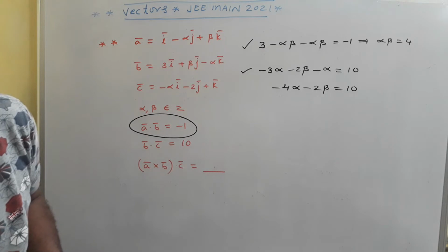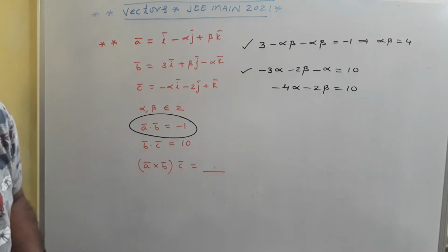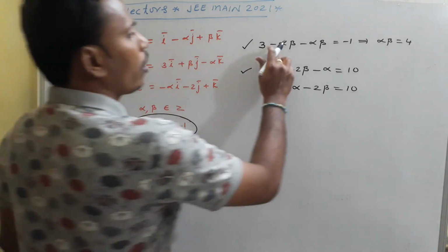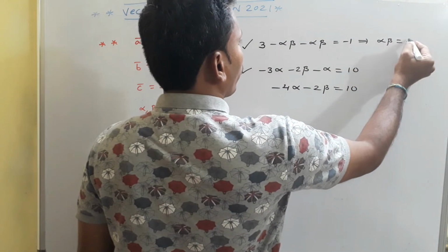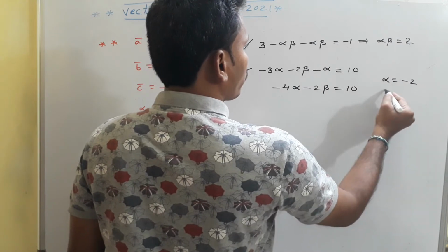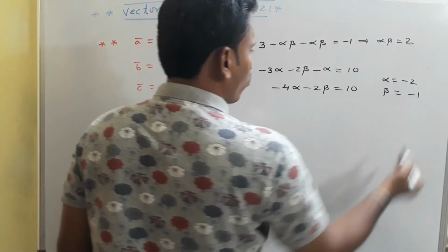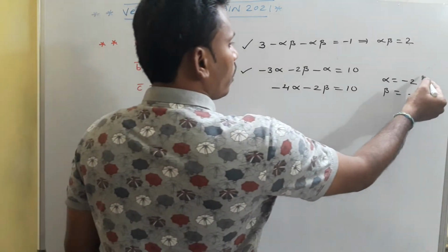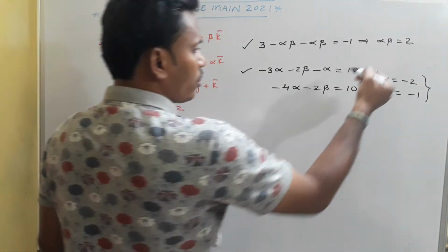Sir, alpha beta is equal to 2 well, sir. Alpha beta is equal to, okay, 2 alpha beta is equal to 4, and so alpha beta is equal to 2. So now we can take alpha equal to -2 and beta equal to -1. So alpha -2 beta -1, these two are integers which satisfy these two.